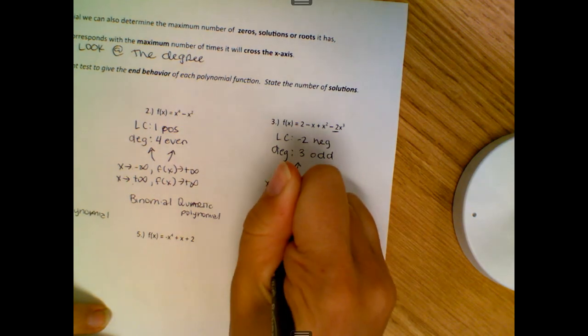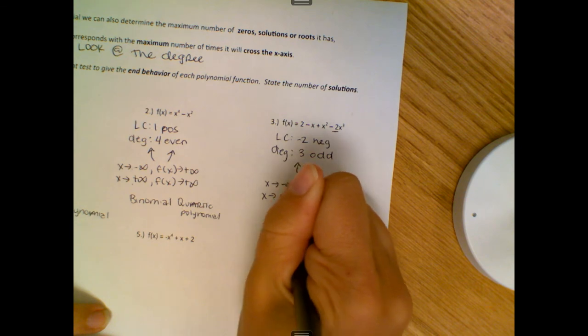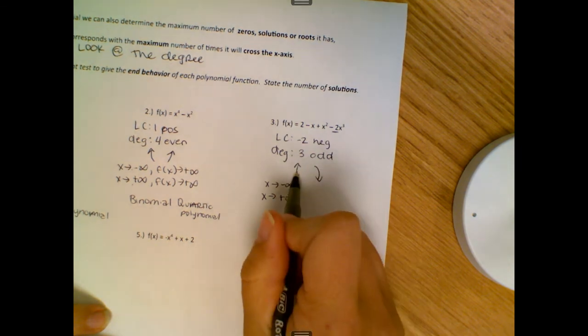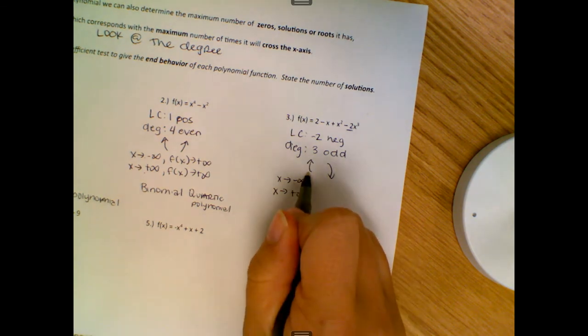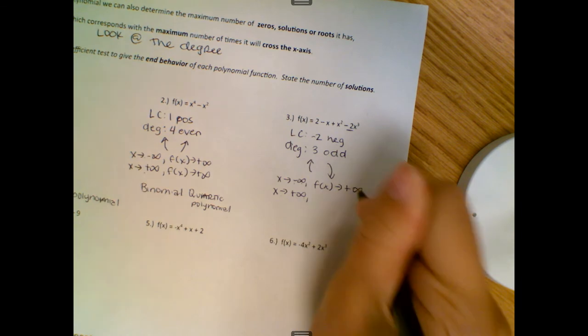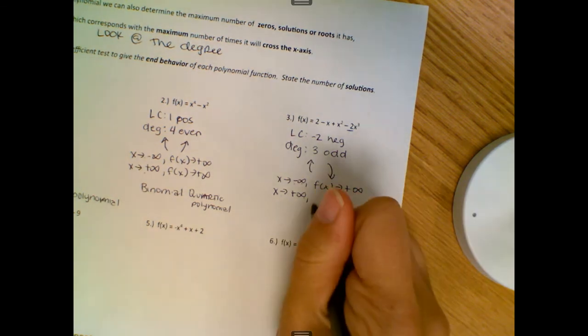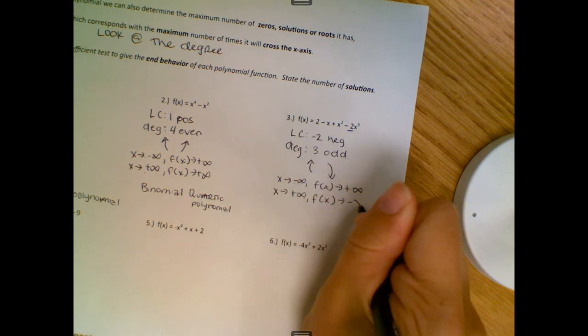So I have to know what's going on with my right arrow and what's going on with my left arrow. My left arrow is going up, so I'm going to write up in my fancy math terms. My second arrow is going down, so I'm going to write down in my fancy math terms.